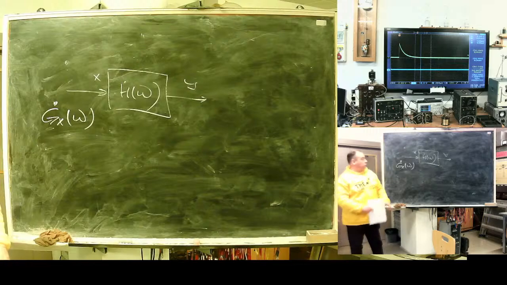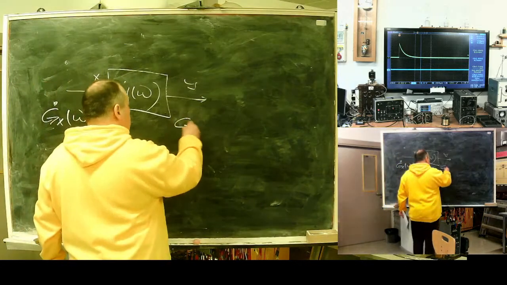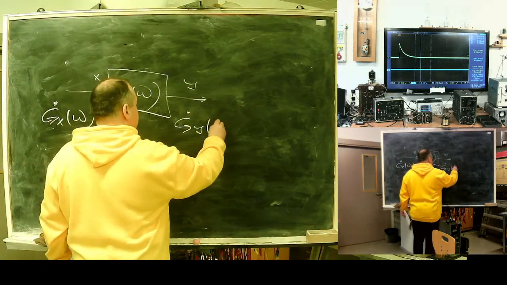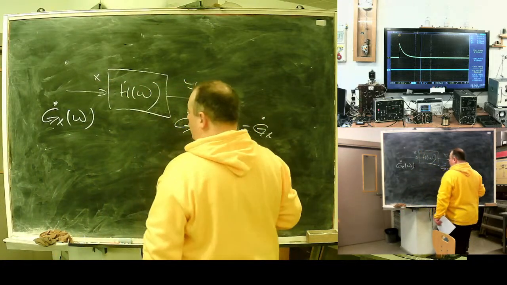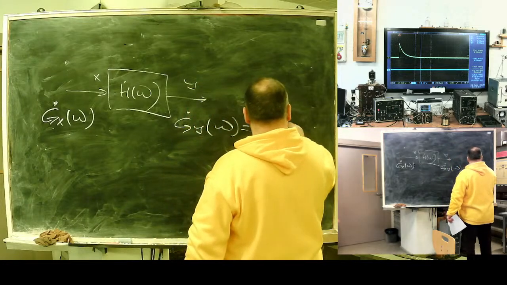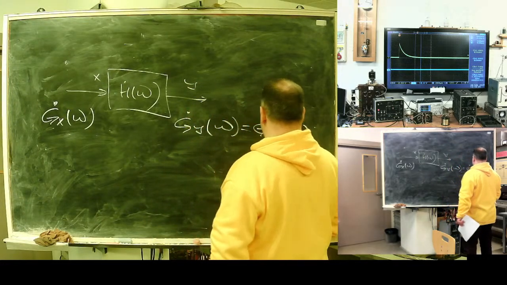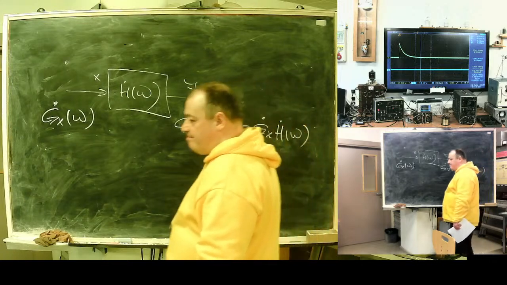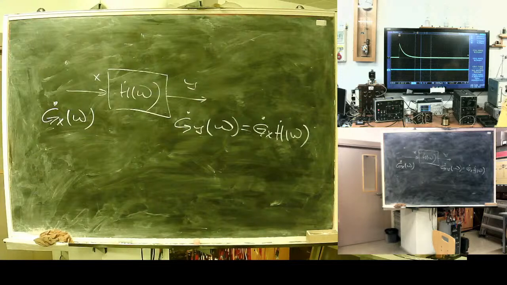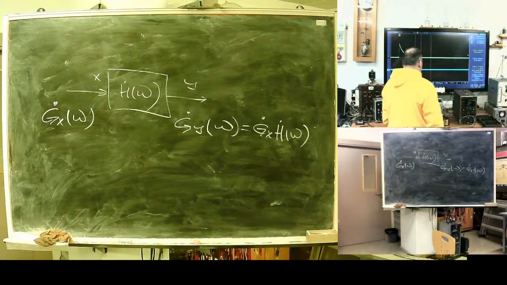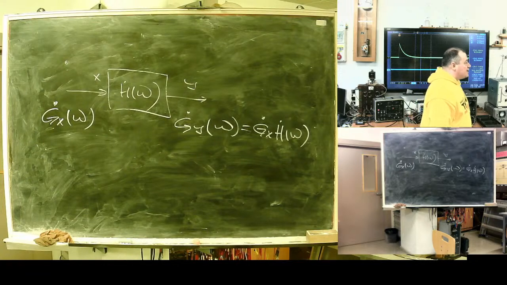What will the output be? The output will be a spectral function, being the multiplication of the input function by the transfer function. Analysis in frequency space is easy. The only problem is what I will get as a result: a spectral function, something imaginary, complex.